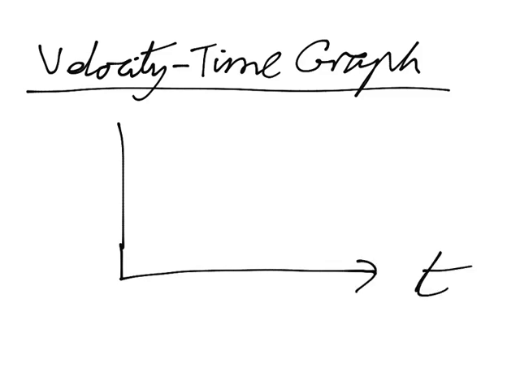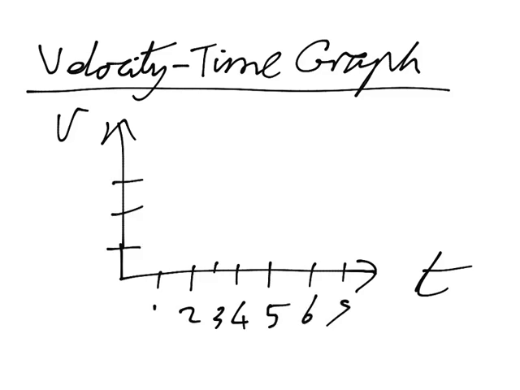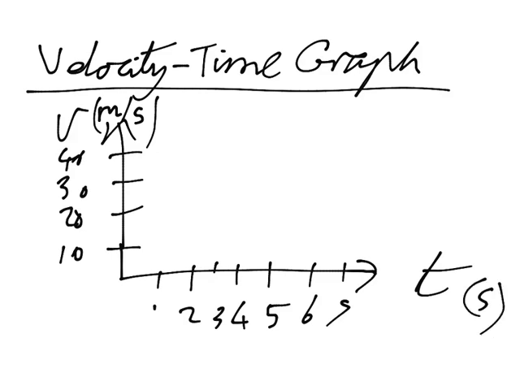Here we go, time, velocity, and we want velocity up here, so let's go 10, 20, 30, 40, and I'll do this per second, and this is seconds. And so we may have a velocity time graph that may look something like that, for example.